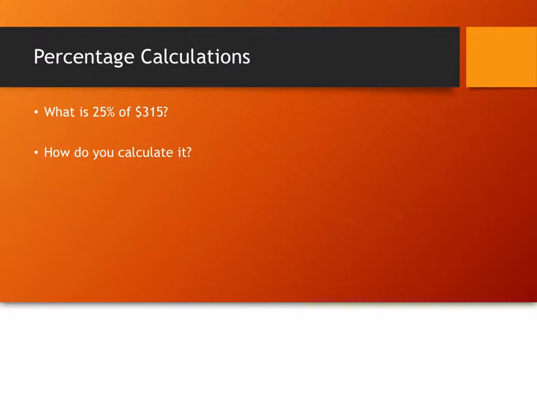And the same thing is true if we're talking about $315. So if I take 25%, think of it as 25 over 100, and multiply that times the 315.